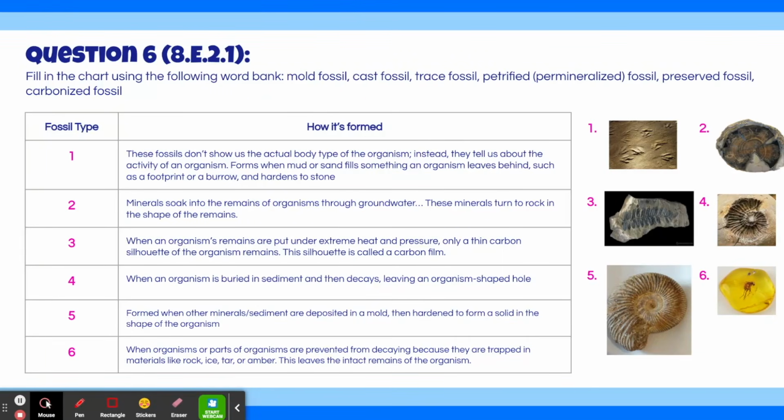Question 6. Fill in the chart using the following word bank: mold fossil, cast fossil, trace fossil, petrified fossil, preserved fossil, and carbonized fossil. Go ahead and pause the video here so you can look at the table and pictures for longer.